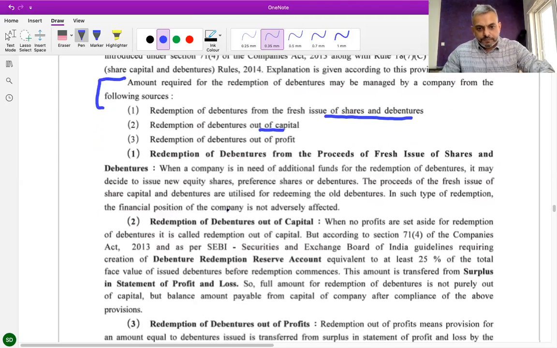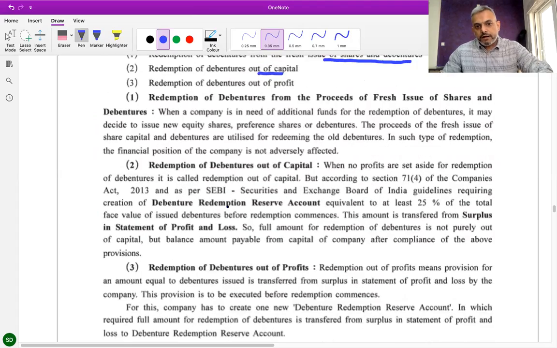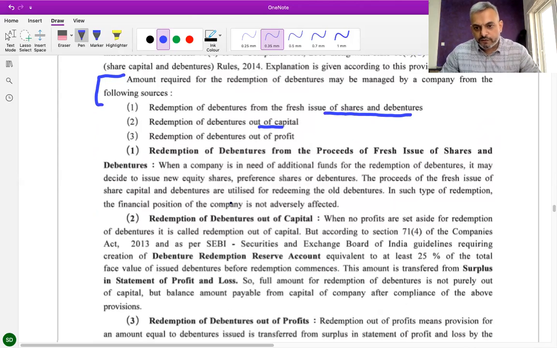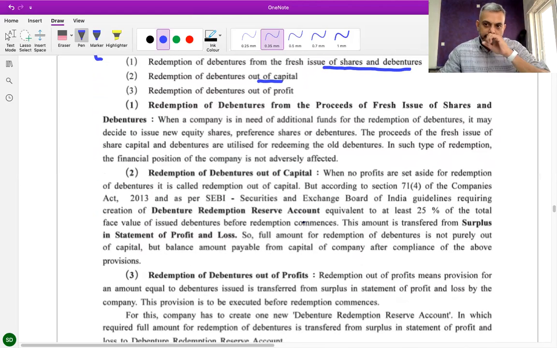Now, let's go to the second one directly, because the proceeds of a fresh issue of debentures are a very simple thing. We collect money and then we pay that money to the old debenture holders. But let's come to the second point, which is important, and this will be useful even in the sums.